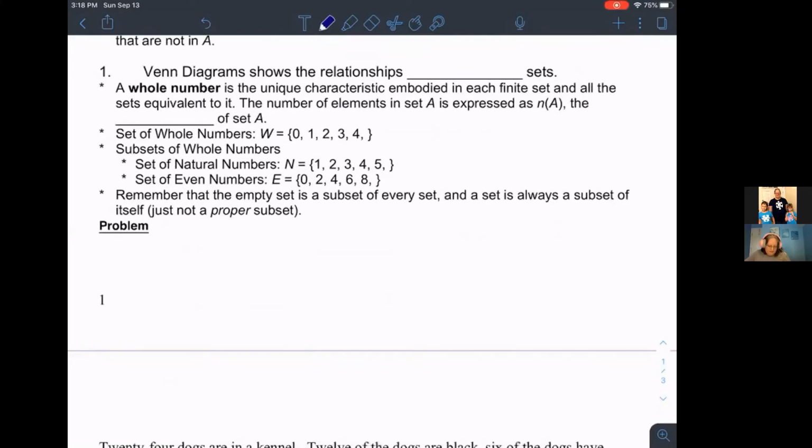Okay. Sorry. Venn diagrams show the relationships of universal sets. A whole number is the unique characteristic embodied in each finite set and the sets equivalent to it. The number of elements in set A is expressed as n(A). The cardinality of set A is the number of elements in that set.